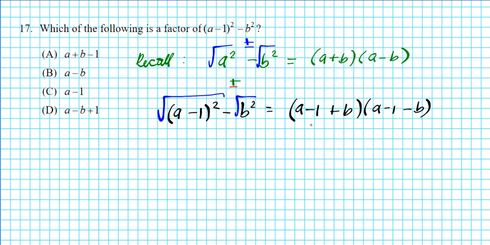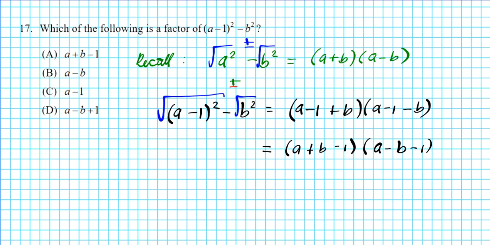So we can rewrite it as, using the commutative property of addition, this can be written as a plus b minus 1. And then we can rewrite this as a minus b minus 1. Okay, so these are the factors.